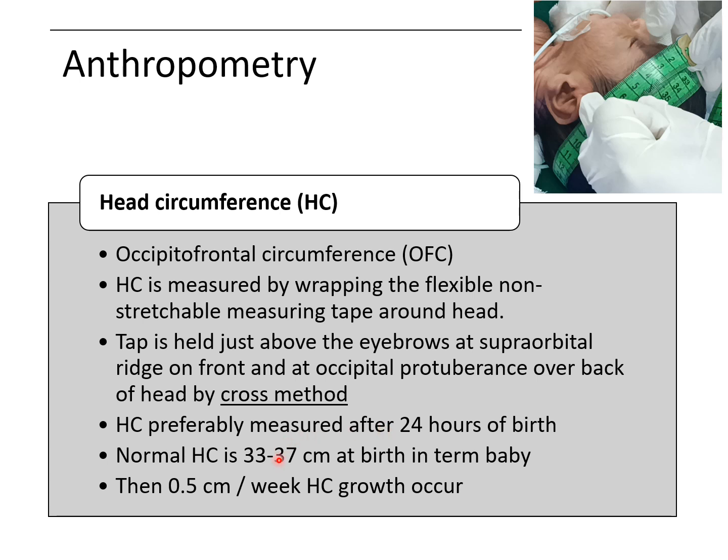Normal head circumference at birth is 33 to 37 centimeter. Then it grows 0.5 centimeter every week, or we can say 2 centimeter per month. So in first 1 month of life, 2 centimeter head circumference growth occurs.